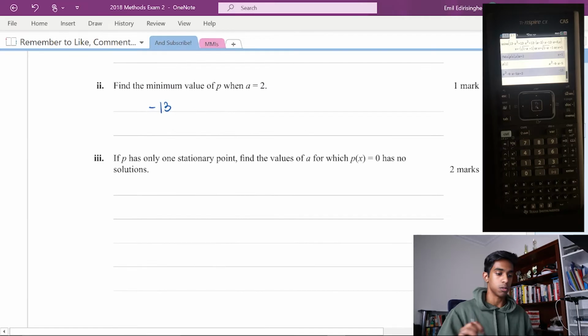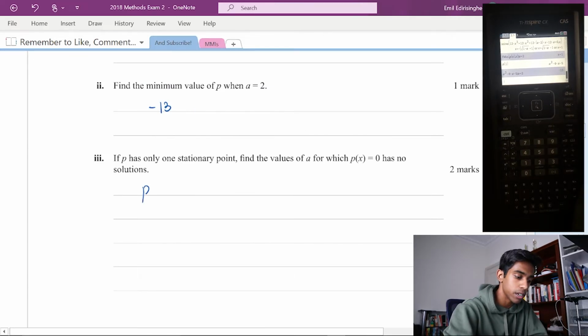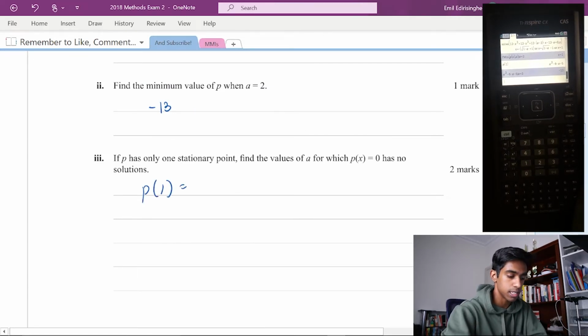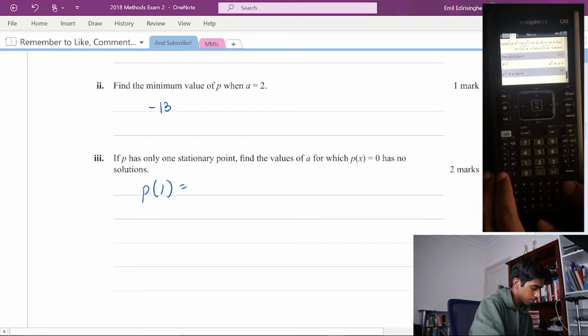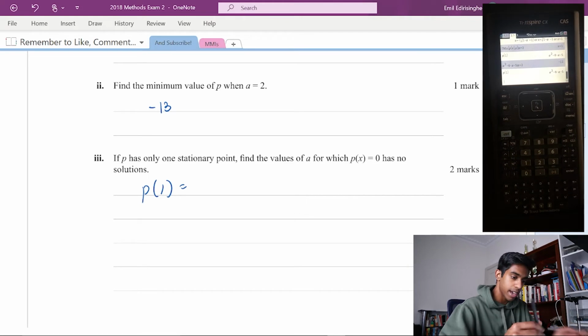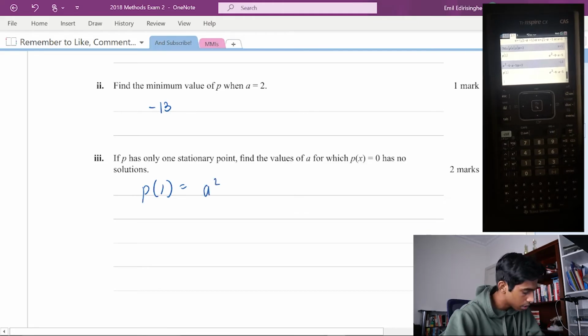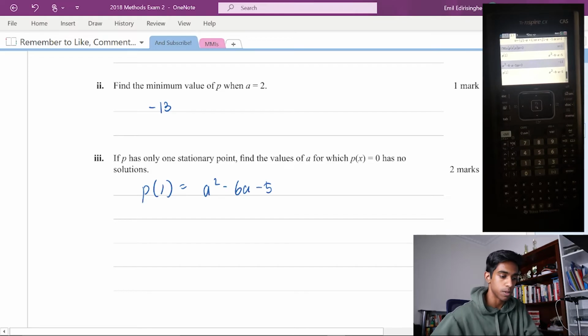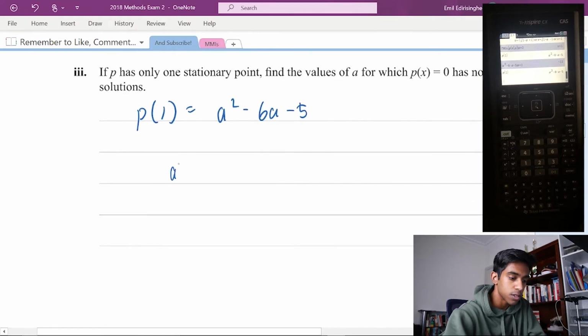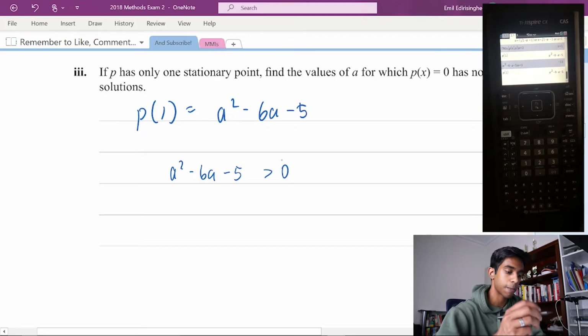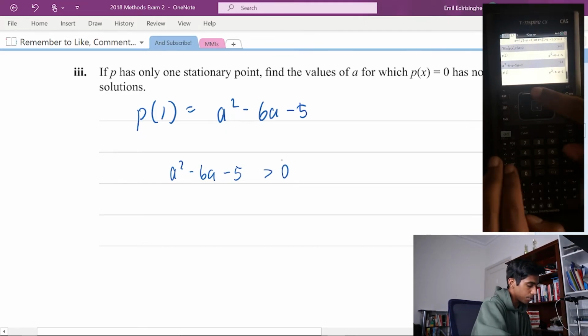So therefore, what we'll do is we'll do p of 1, and we'll find what this is equal to. So this equals a squared minus 6a minus 5. And then essentially what we need to find is a squared minus 6a minus 5 is greater than 0. And I'll put this in here.